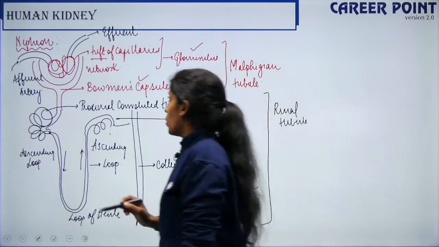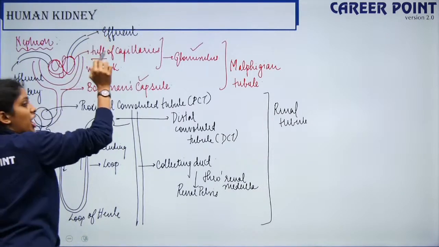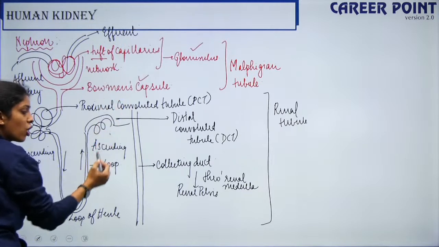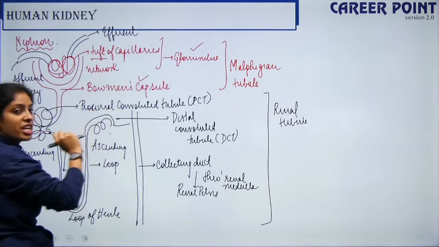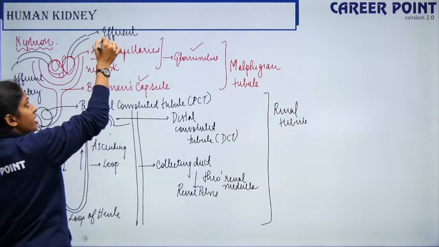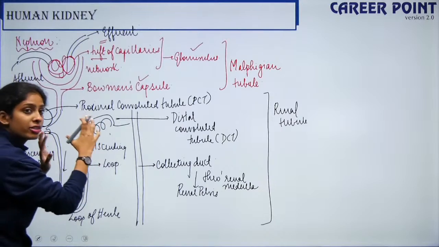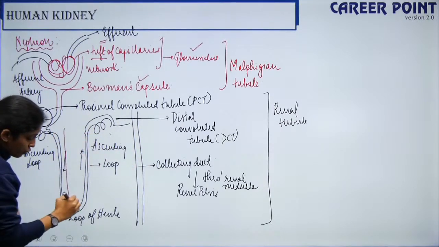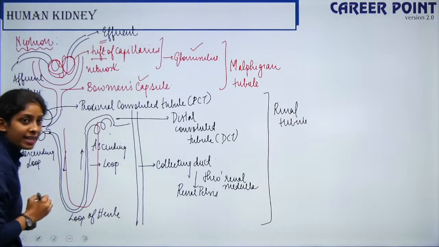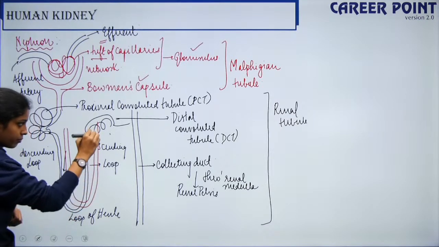Fine. So this efferent artery forms a network of capillaries around this renal tubule, which runs parallel to the loop of Henle, like this.